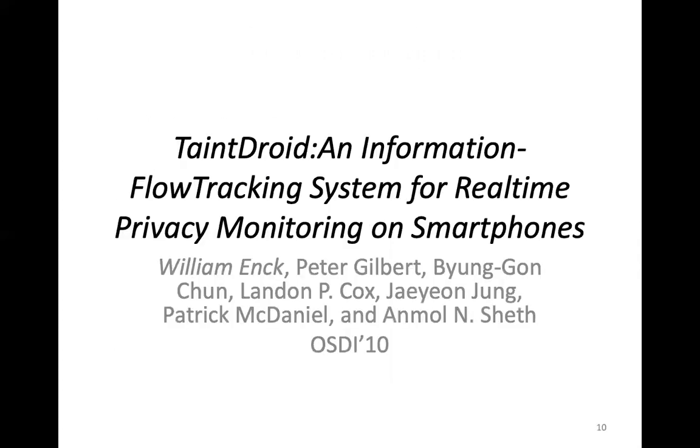The paper that we will cover today is called TaintDroid, and as the name suggests, it's a taint tracking infrastructure for Android. It is an information flow tracking system for real time privacy monitoring on smartphones. This is a paper from around 10 to 11 years ago, but it's an extremely influential paper.